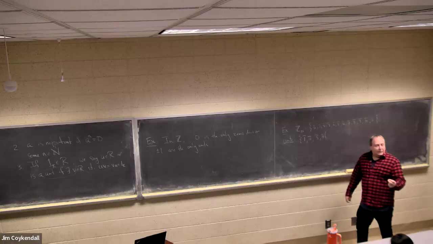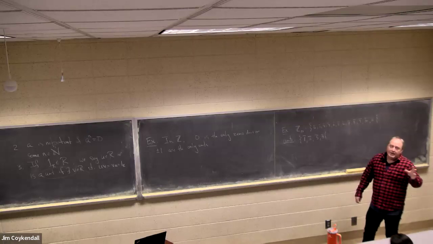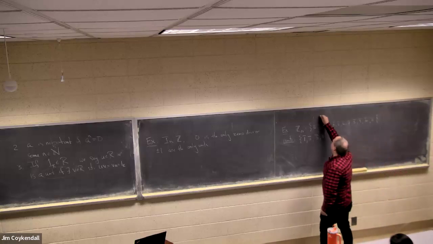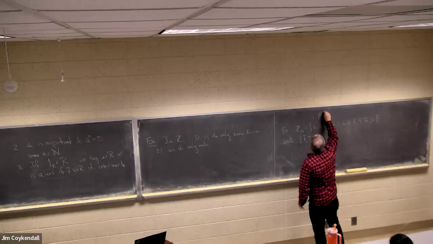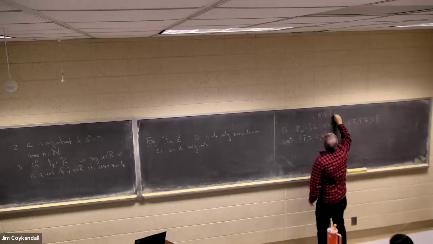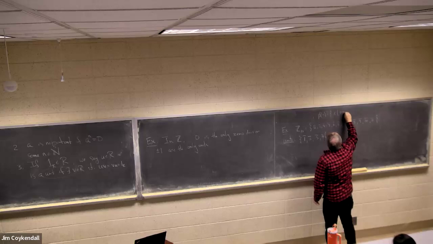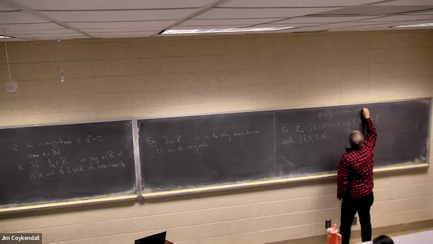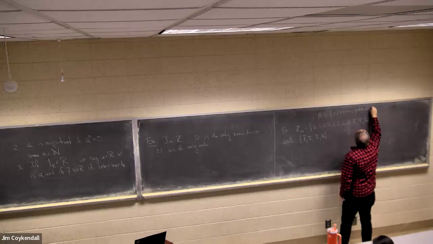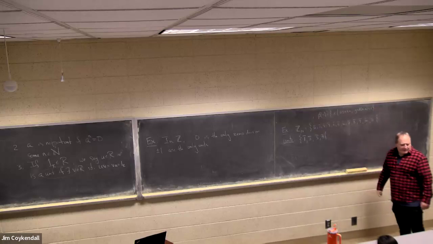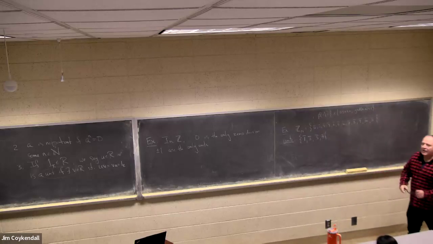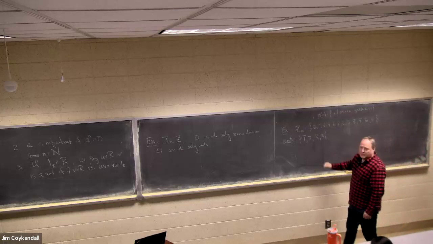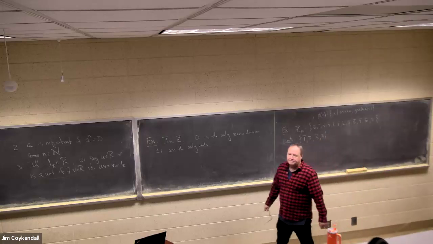This is why the Euler phi function, do y'all remember it from way back when in class, where Euler phi of n counts the number of numbers between 0 and n that are relatively prime to n. This is exactly that number. It tells you how many units are in this ring.